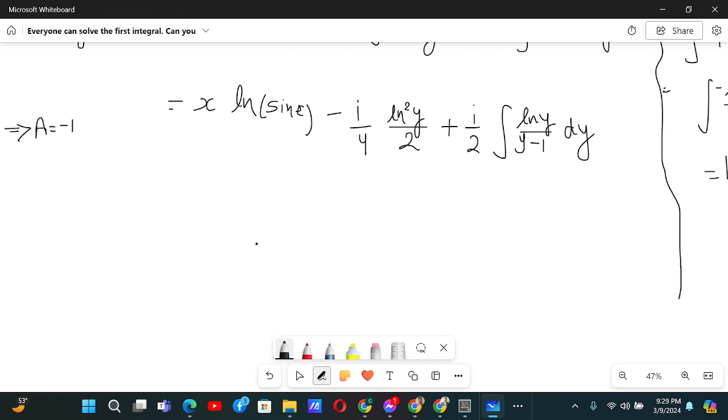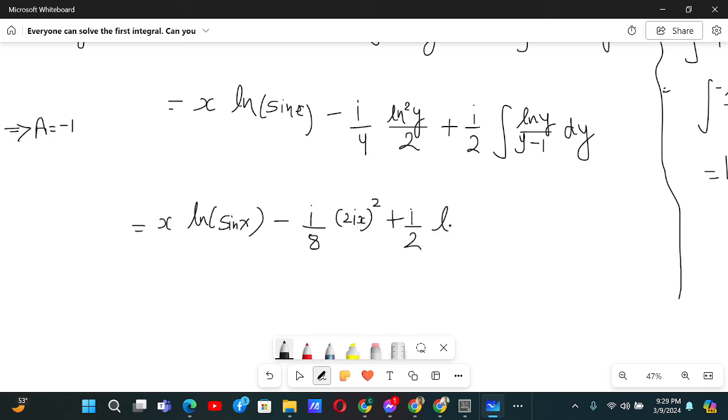Yeah, let's proceed. x ln of sine x, minus, now i by 8, now this is ln of 2ix, that's why this is 2ix whole square, and plus i by 2 over here.